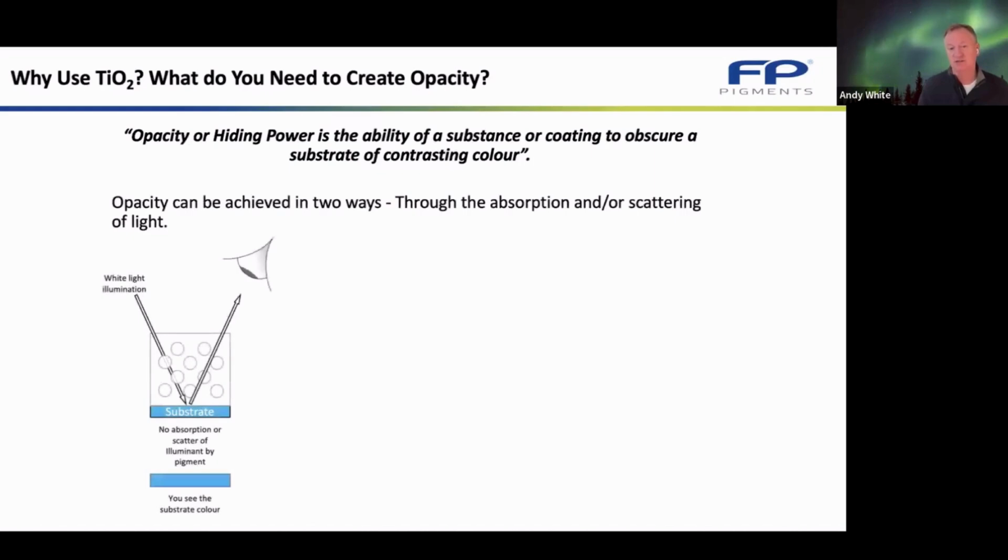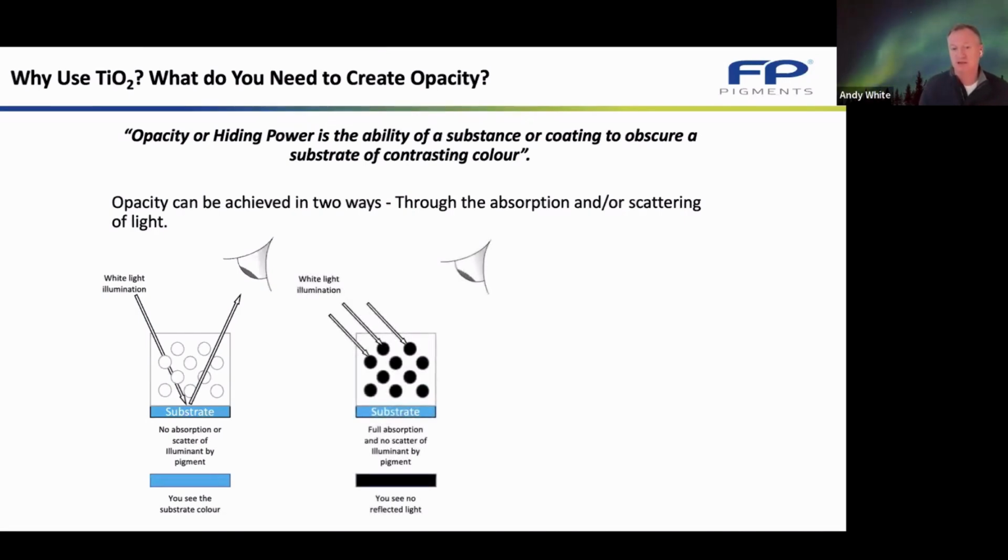So if you just imagine, if you've got transparent materials, you're looking straight through the coating and you're seeing the substrate, okay? If you've got completely absorbent materials, like lots of carbon black or black iron oxide, you can actually absorb all the light and not see the substrate. So that's a way of providing opacity without scattering the light.